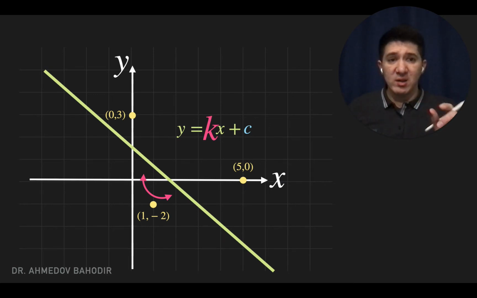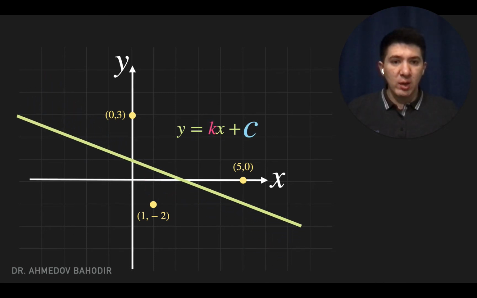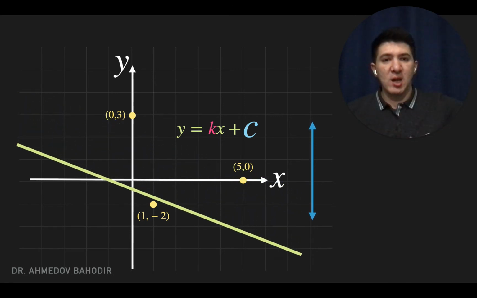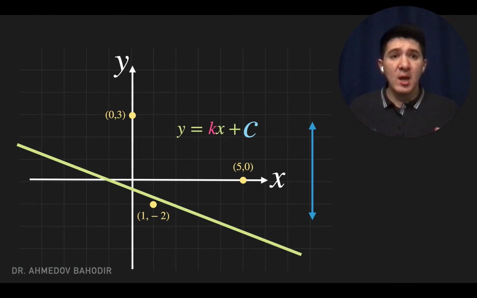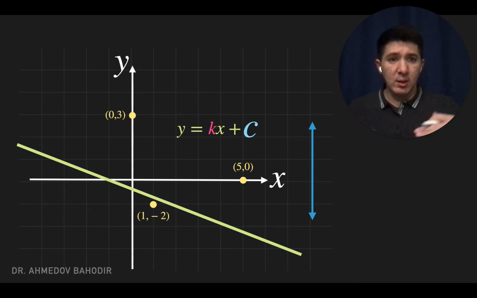If you change the values of k, you can just rotate this line. And c is controlling the height of this line, so we can just put this line up and down. So there are two parameters of any line, k and c. They are going to control the slope and the height, the y-intercept.